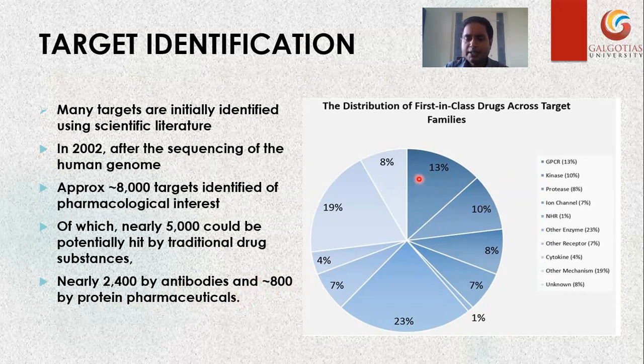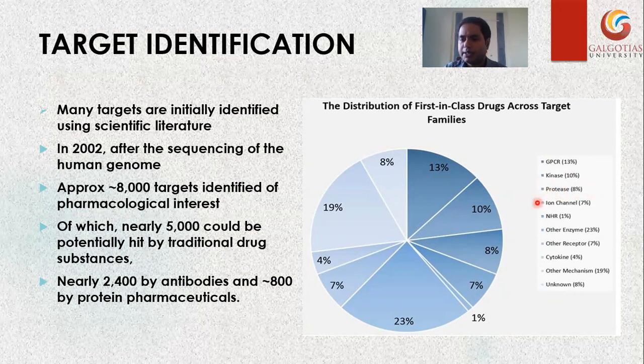The chart here provides a distribution of first-in-class drugs across the drug families. Here we can see that GPCR, G protein coupled receptors, constitute about 13% to 20% of the drug targets. Kinase proteins constitute about 10% of the drug targets. Proteases, which are enzymes, constitute about 8%.